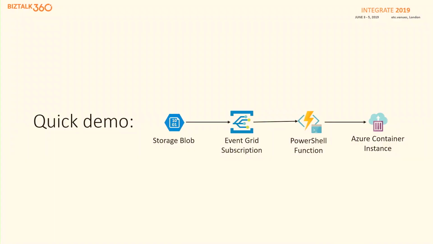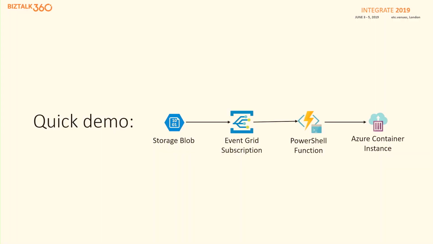So lastly, I just want to give a really quick demo demonstrating, based on that future direction, the sort of thing that I want to make into a 1 to 2, maybe 3, 4 click process. So I just have a quick demo of using a blob event to trigger, using EventGrid, a PowerShell Azure function, which if you haven't used, it's in preview right now.